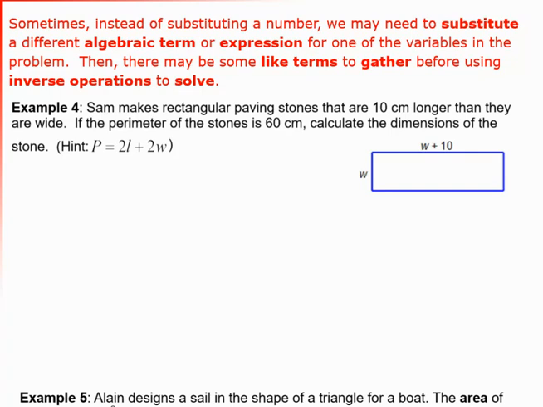It might help. Sam makes rectangular paving stones that are 10 centimeters longer than they are wide. If one is as wide as W, the length is W plus 10. If the perimeter of the stones is 60 centimeters, calculate the dimensions of the stone.